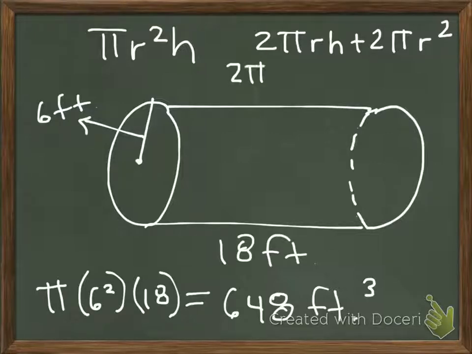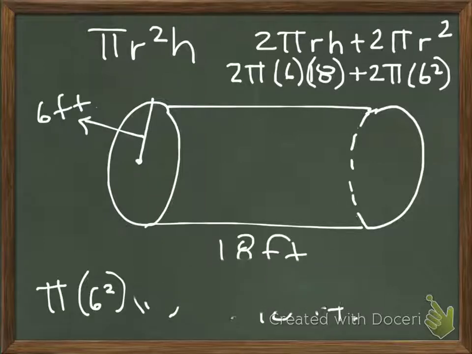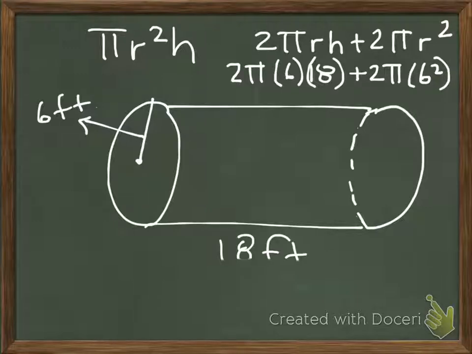So we have 2 pi times 6 times 18 plus 2 times pi times 6 squared. And order of operations is always important here.